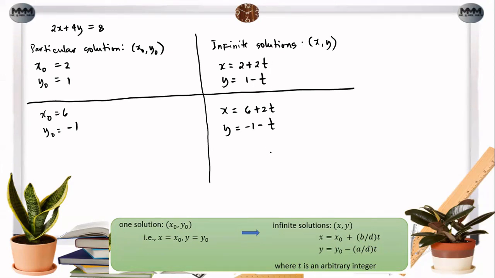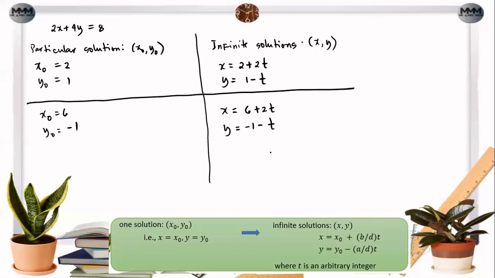Okay? Therefore, if the linear Diophantine equation has a solution, then you can write its infinite solutions in different forms based on the particular solution you use. Follow? So that's all about linear Diophantine equations. Now, I hope this video lecture helps you a lot in understanding the concept of the linear Diophantine equation.